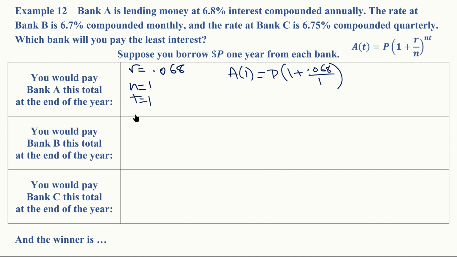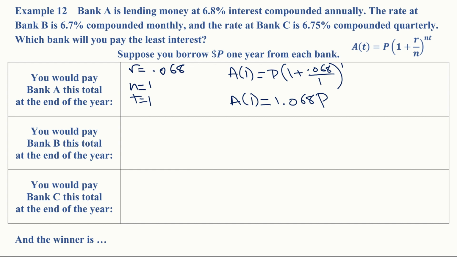So 1 times 1, which is what? 1. So A of 1 would be 1.068 P. So that's the total amount, not just the interest, be careful. That's the total amount you would pay at the end of that year, by the time you've completely paid off the loan. All right. So how about at Bank B?